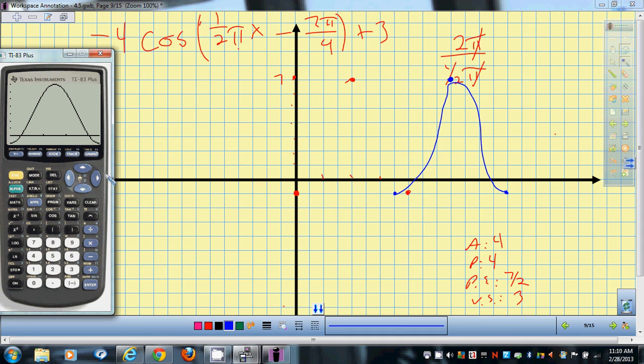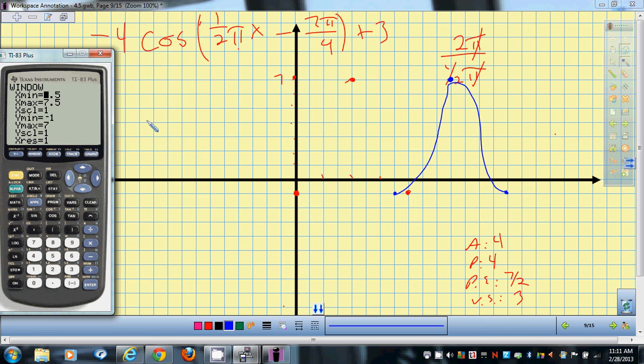Okay. Here's what we're going to do. How do you know where we're getting... Oh, okay. Well, because cosine, this is flipped over. Normally it's a u, right?